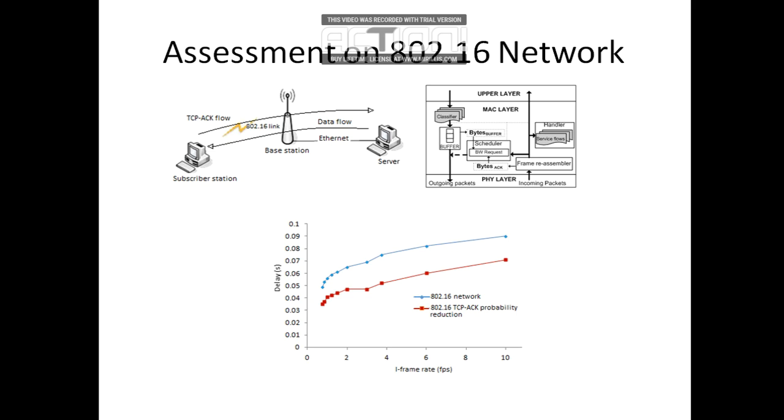We implement this using the round robin scheduler and best effort quality of service. By changing the frame rate of the video traffic from 0.3 to about 10 frames per second, we got consistently lower delay for traffic flow.